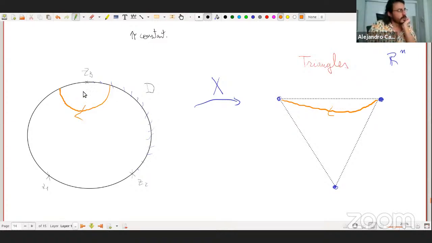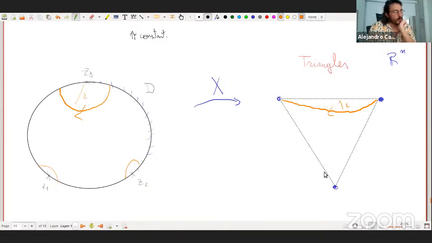And here comes a more analytic estimate. If you take this to be an arc of a circle centered at this with radius epsilon, then as epsilon goes to 0, this path tends to be an edge of the triangle. And the same happens with circles around this and this.